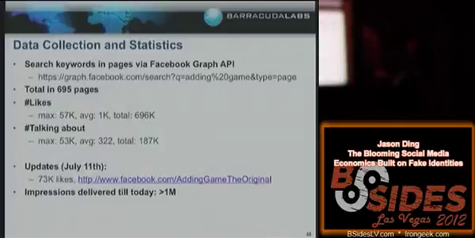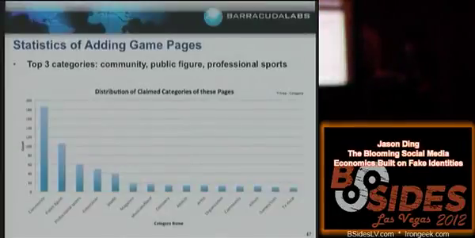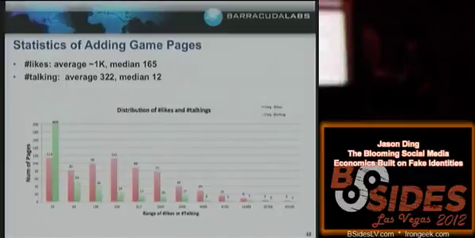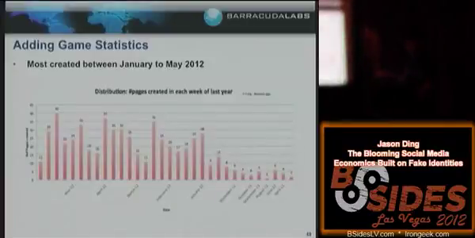Sorry, I kind of ran out of time, but I can show some statistics. The top three are categorized as this page, these adding game pages. And on average, how many likes they get for this page. Most of them were created between January and May this year.